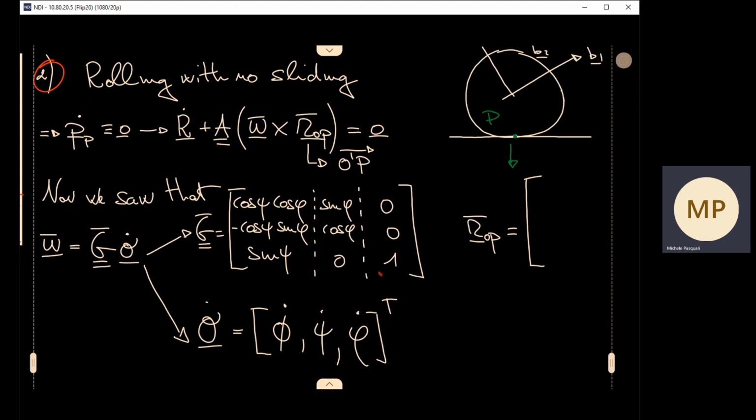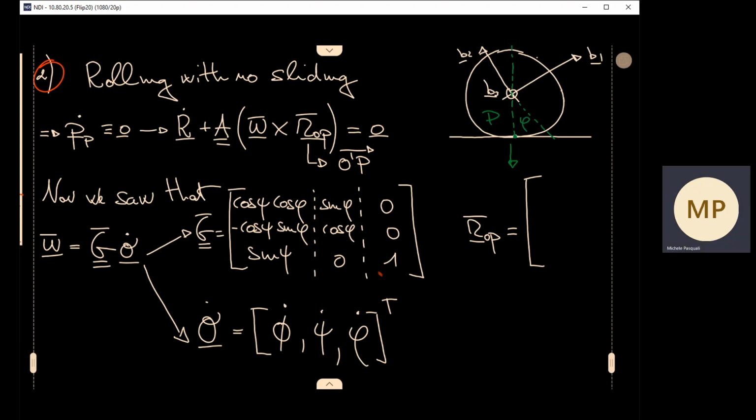This is still B1, this is B2, and this is still B3. And that's the angle phi as we have defined it.